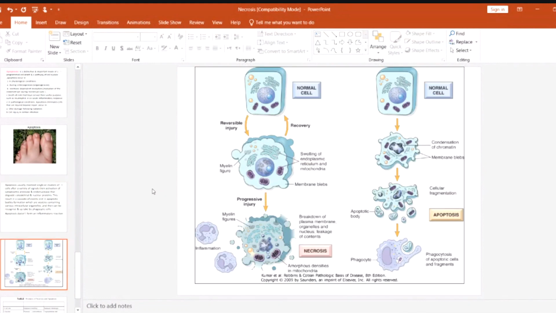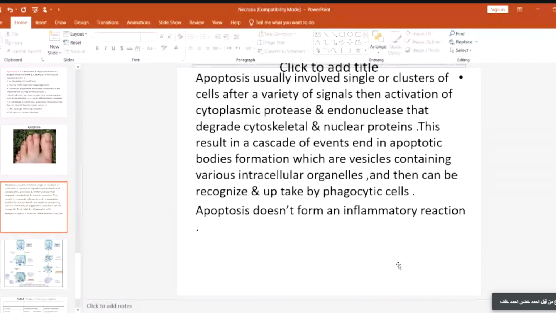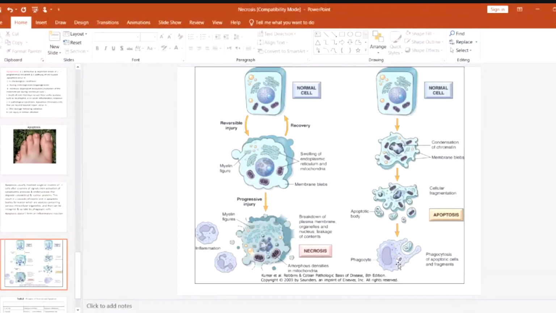Let's see, students, this is a normal cell, irreversible injury, necrosis. You remember this from the last lecture. Here in apoptosis, there will be fragmentation of the cells into apoptotic bodies, and then the macrophage will clean the area by protease enzyme or endonuclease enzyme. So as a summary, students, apoptosis is a programmed cell death.